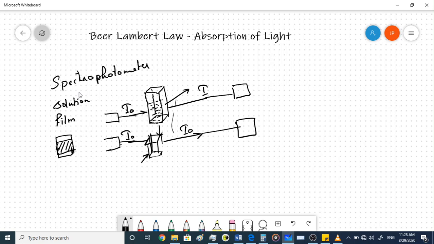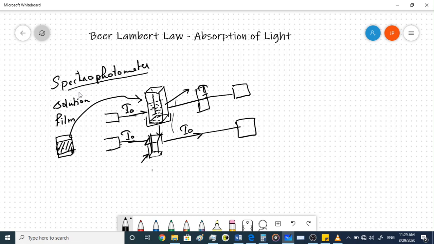A similar setup can be done for film as well. You can place the film in this position, but the arrangement will be a bit different. We have spectrometers which can measure for solution as well as for film. At one point there will be a setup for holding the cuvette, and in another part a setup for holding films.